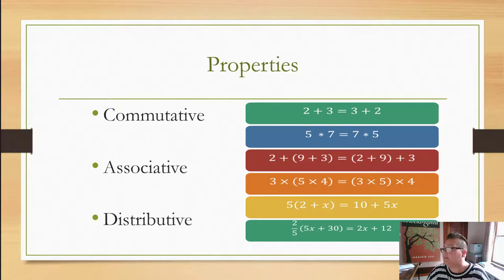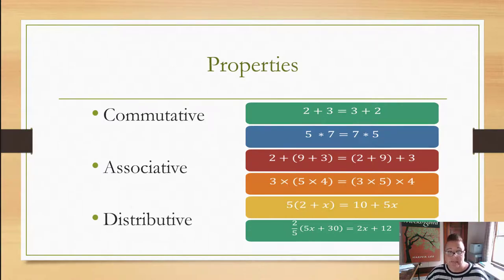All right. The next thing we want to go over are a few of the properties. A few of the properties that we need you to recognize are the commutative property, the associative property, and the distributive property. Quick and painless, commutative property is about the way the numbers move. Basically the commutative property says if you're doing addition, then when you add 2 plus 3, you get the same answer as if you were to add 3 plus 2.